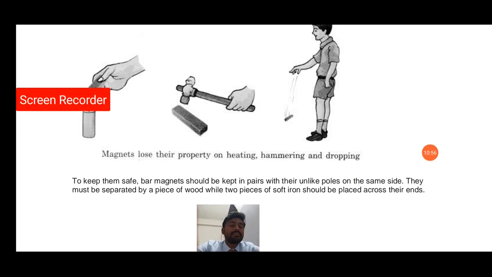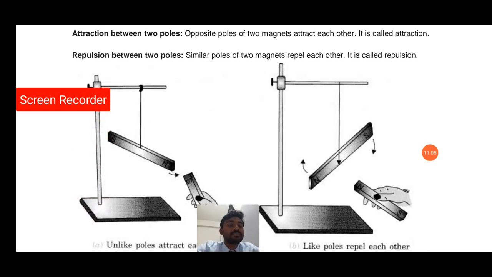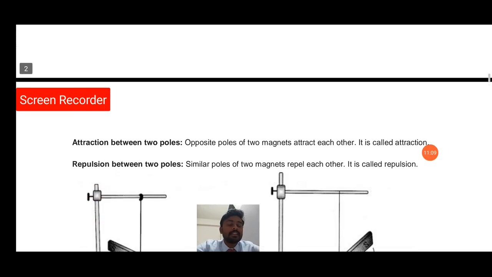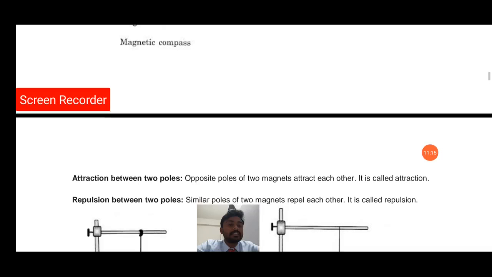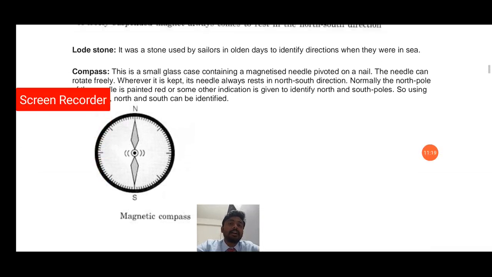So in this class we discussed magnetic materials, non-magnetic materials, and the magnetic poles, the north pole and the south pole, and also attraction and repulsion between two poles. We also discussed the compass, which has two poles, one the north pole and the other the south pole.